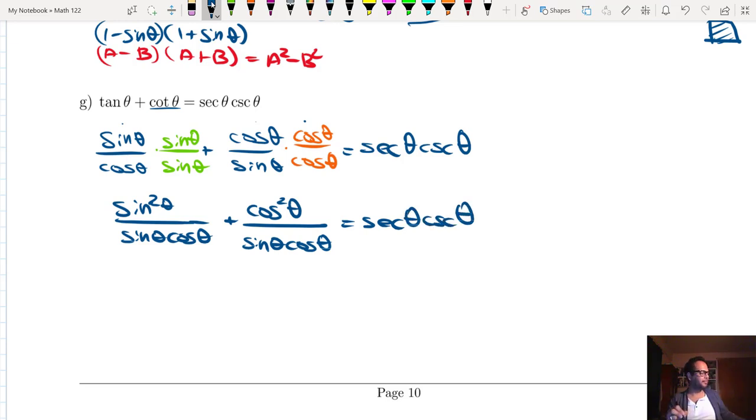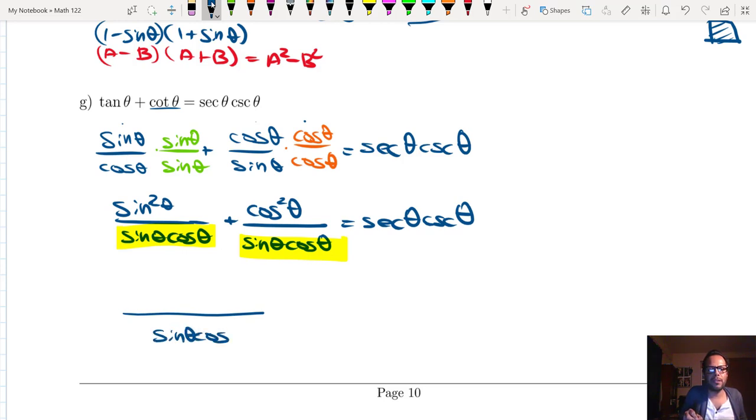Okay, we're almost there. Notice now how we can combine these two together because we have the exact same quantity in the denominator. So write a big fraction, sine theta cosine theta, and that's going to be sine squared plus cosine squared.